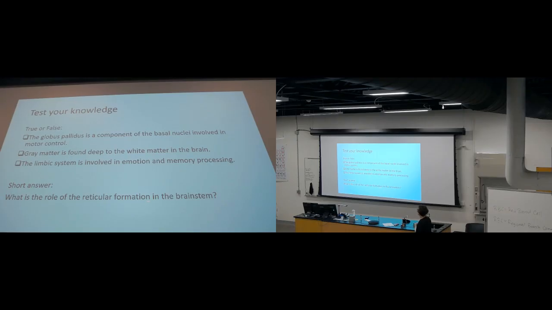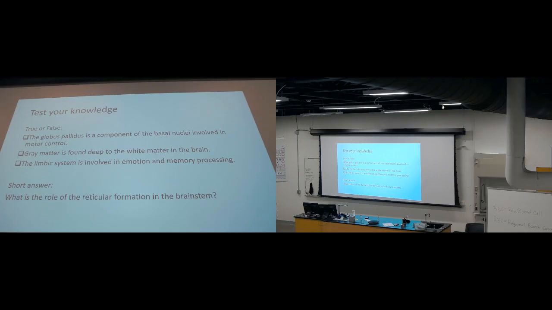And then, what is the role of the reticular formation in the brainstem? It goes from the medulla oblongata, pons, midbrain. What does the reticular formation do? There are several neurons that go in that way. It's to make connections.